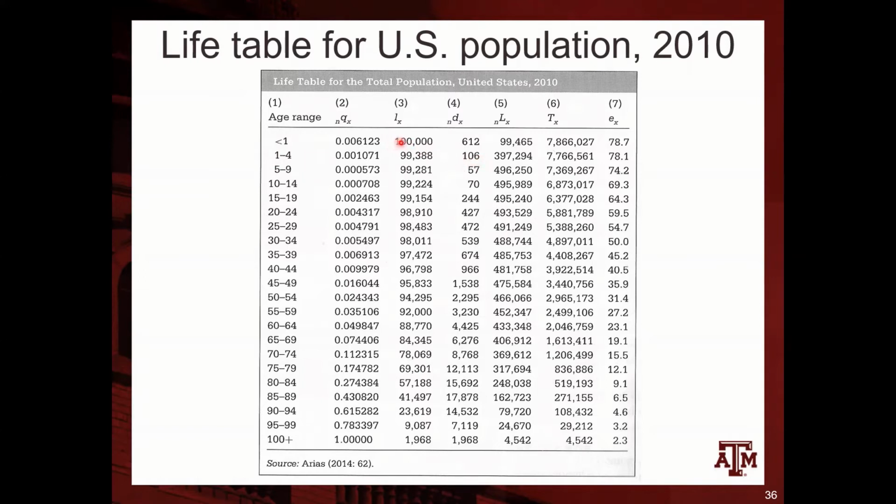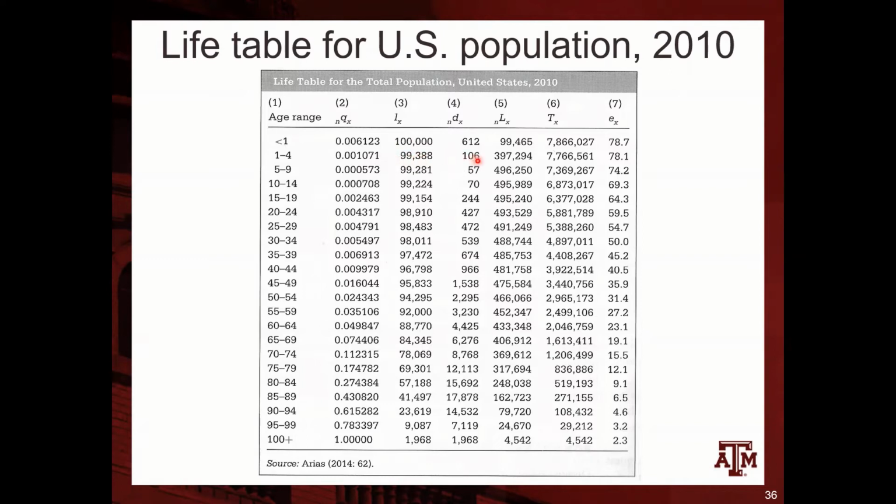So if I have 100,000 people who are born in the US in 2010, I expose them to this mortality. 612 die. How many will survive to the next age group? 100,000 minus 612 equals 99,388. I expose these people here to the chance of dying in this new age group. This times this, 106.